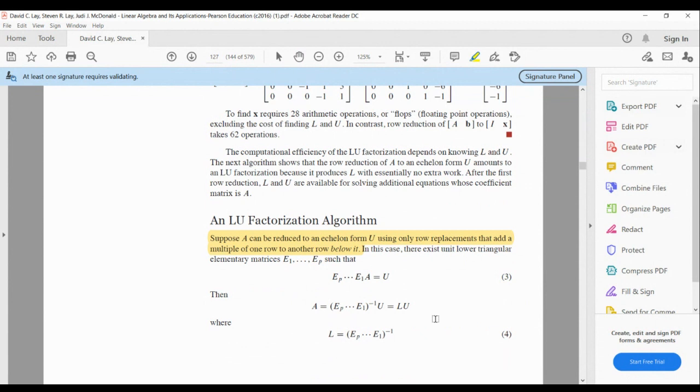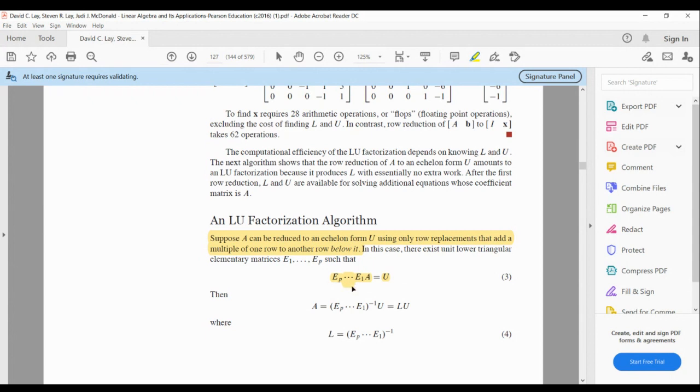For now, row reducing a matrix A to a matrix in echelon form requires row operations. We know from the last class that these row operations can be represented by multiplying the matrix A by elementary matrices.